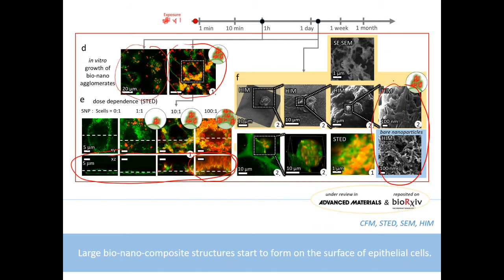So here is a typical combination of a surface with those structures and normal bare nanomaterials, and you can see that really here is a huge mixture of nanomaterial and biological material. On all of these images here, the green color represents the membrane, and the yellow color means colocalization of membrane and nanomaterial.